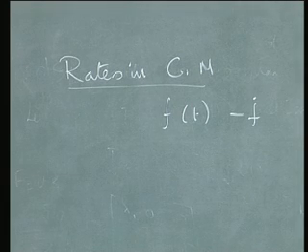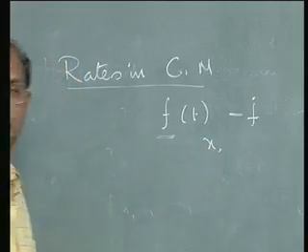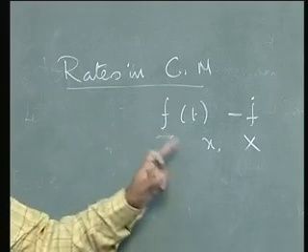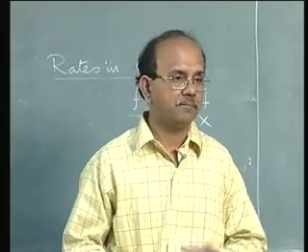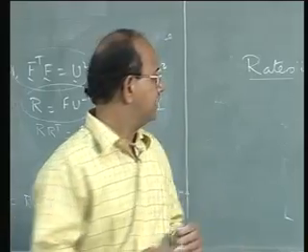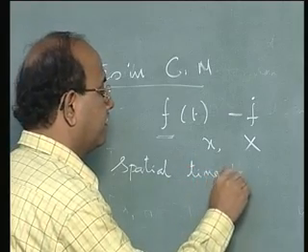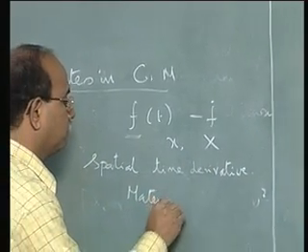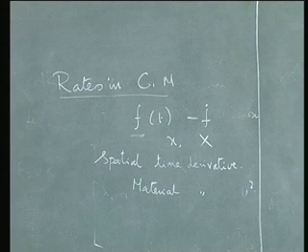The issue is that this quantity f may be a function of small x or maybe a function of capital X. When f is a function of small x, they call this the spatial time derivative, and when f is a function of capital X, they call this the material time derivative.